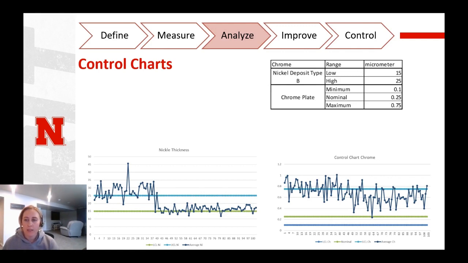And then secondly, we look at the control chart for the chrome. And again, all of those are at the upper limit, not really pointing out any patterns because again, it's not sequential, but we can see that they're all at that upper limit. As it comes to field testing and what will work well in the field and give the best results, we do see higher nickel thicknesses do give better results for salt spray testing, for all the G85 testing that has to happen there.